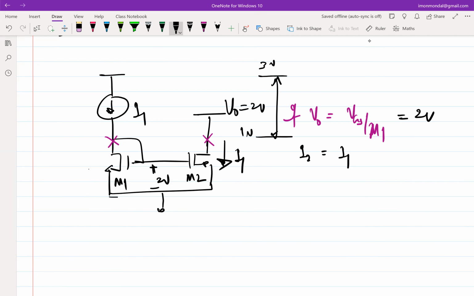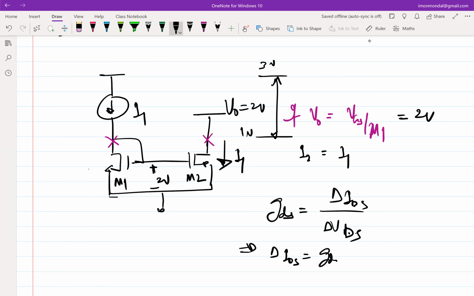Why not? What is the definition of GDS? GDS is del IDS by del VDS. So del IDS is GDS times del VDS.